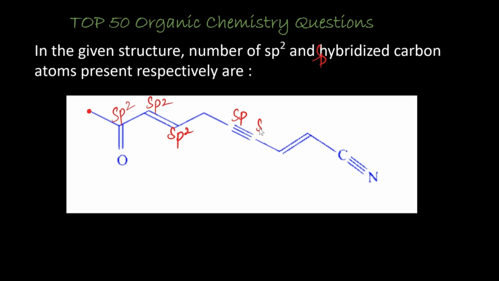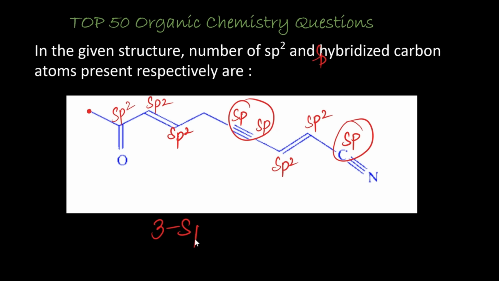Then this is triple bond, so sp, this is sp2, this is also sp2, and the carbon with cyanide, that is sp because of the triple bond. So they are asking about carbon atoms only. Fine. So just count the number of sp and sp2. We have 3 sp and 5 sp2. So 3 and 5 is the answer to this question.